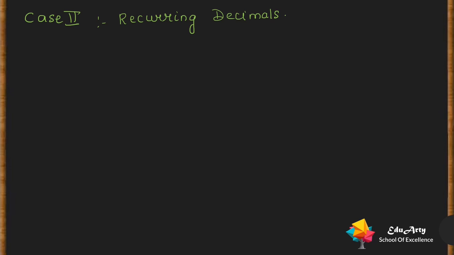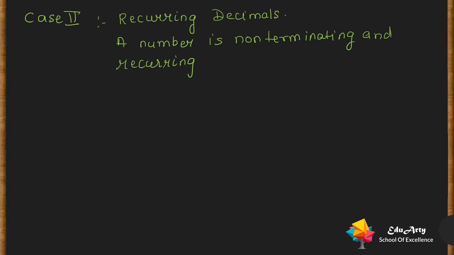When a number is non-terminating, the word terminating means finishing, meaning it is not finishing. When it is not terminating, and recurring means after some time it will start repeating again, correct? Then we follow certain steps to put them into the p by q form.